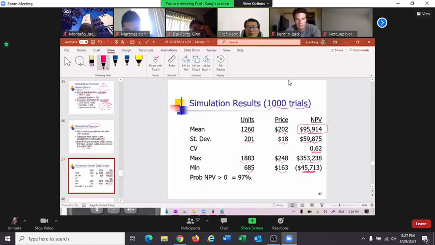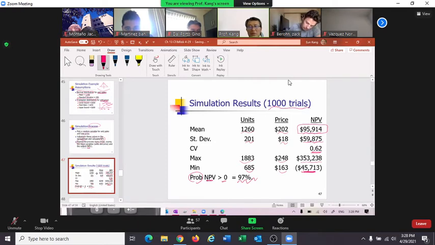Then what is very important is the probability of net present value greater than 0? 97%. Pretty high, right? So we know that using simulation, this project is pretty safe, right? 97%, you get a positive net present value.